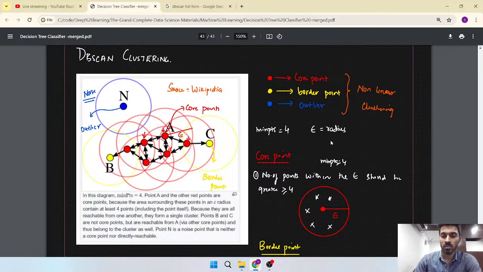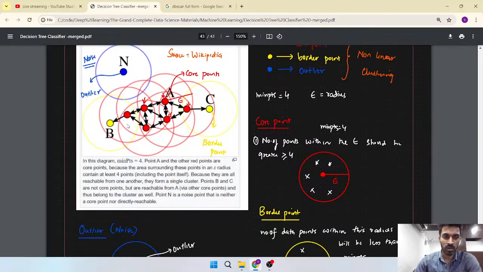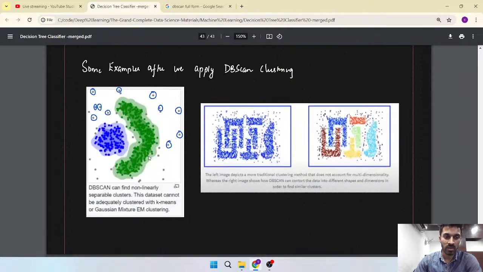A border point is when you create a circle and get a number of points greater than 1 and less than min points. And an outlier is when you are not getting any point inside the circle. This is your noise point, and you have to neglect it.